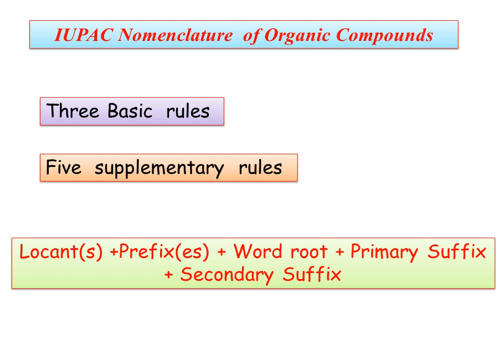You consider the longest possible continuous chain with the largest number of carbon atoms as the parent chain, and you consider that number of carbon atoms for your root word. The second rule says that when you have more than one substituent present, you consider the lowest sum rule.